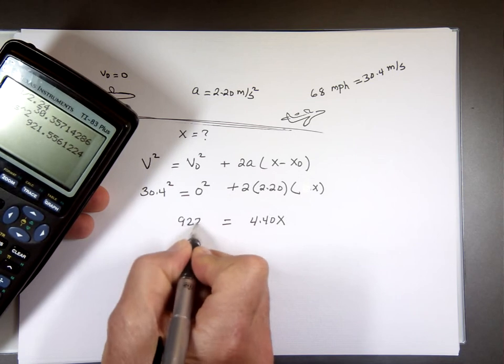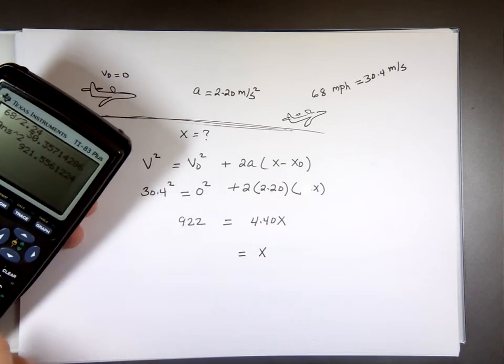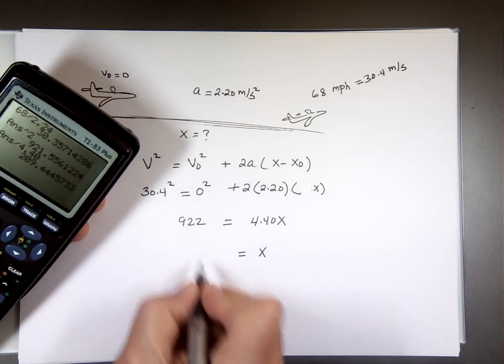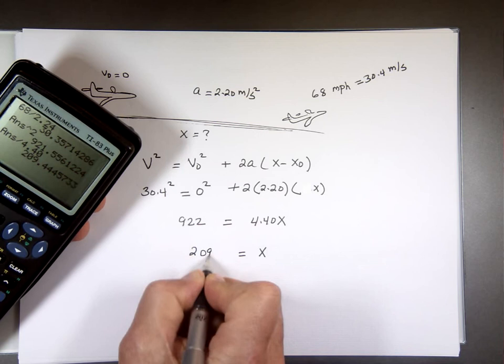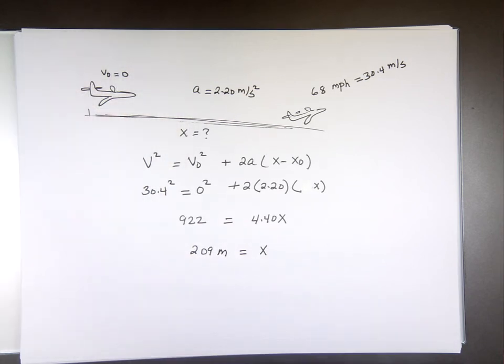What is x equal to? 209 meters. 209 times 3.15 roughly. I need about 660 feet of takeoff.